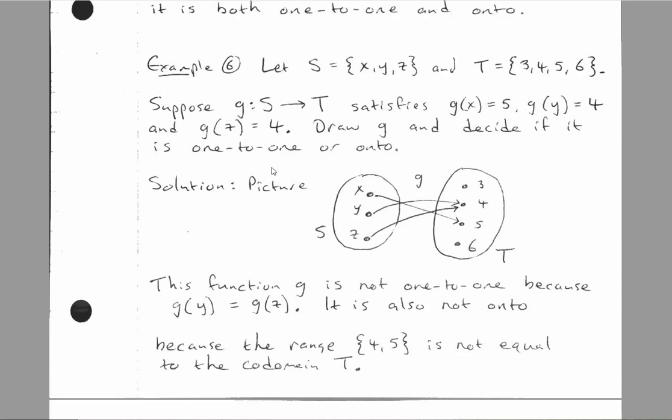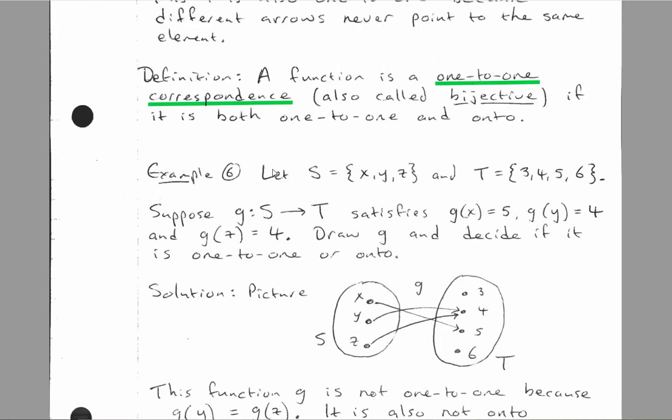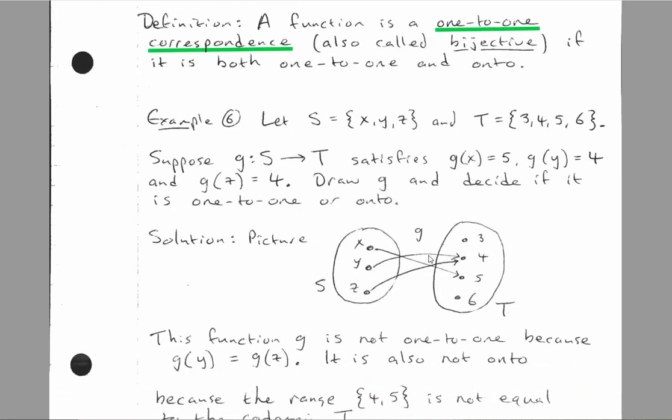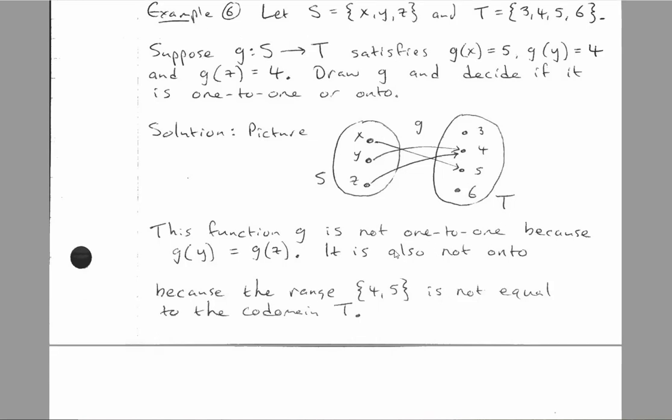So this G, it's not one-to-one, it's not onto, so it's certainly not a one-to-one correspondence. We're not linking up the elements of S and T. And so this is a good way to think about functions. Arrows, things in the domain getting sent to things in the codomain. So that's the main idea.